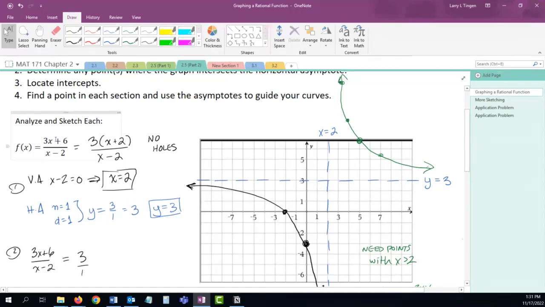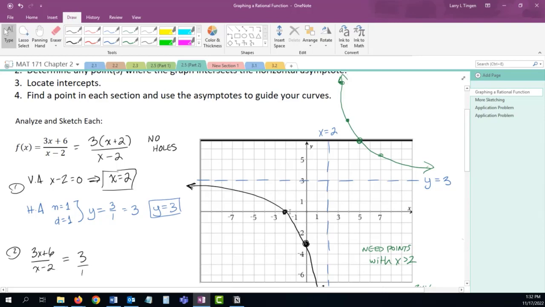This is negative when x is to the left of -2 and positive when it is to the right. So this is why my function, you can see, as x gets more and more negative, I have a negative over a negative, which results in a positive y value.